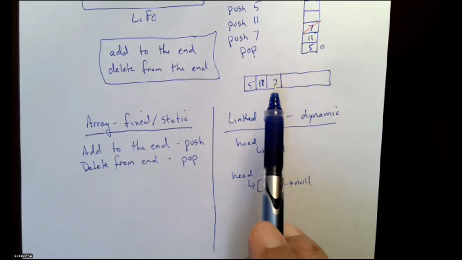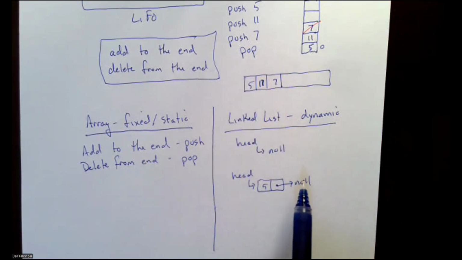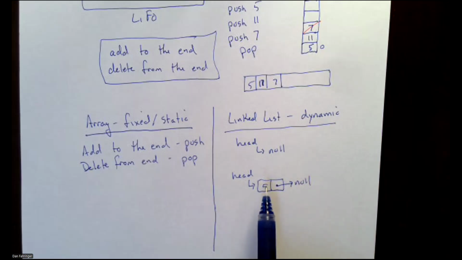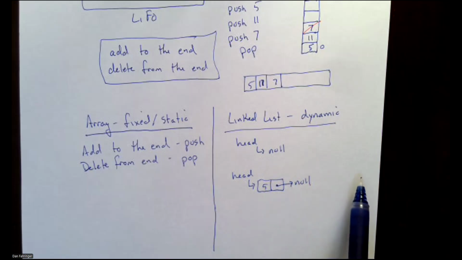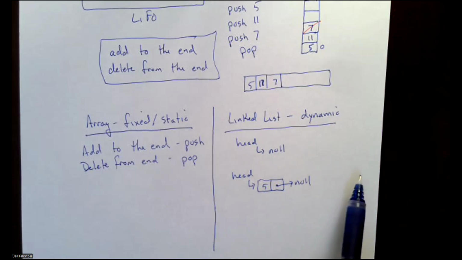I keep track of it. I can just go and grab this location. If I tried to add to the end here, I don't know where the end is. If I had 1,000 pieces of data, I'd have to go all the way out there to add it. And then when I got ready to delete it, I'd have to go all the way out there to delete it as well.